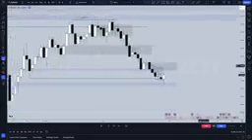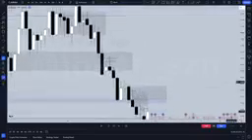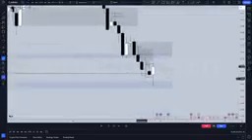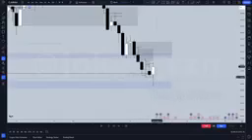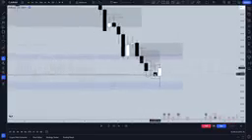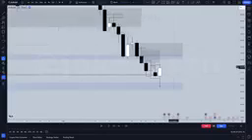So we had the daily close right here, and as you can see, we have a swing failure right here. We have taken this previous week's low and then closed back in the range again. So we might now see some consolidation here, or even some retracement to take out.